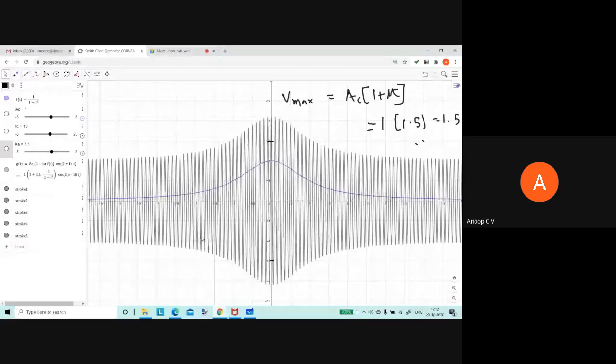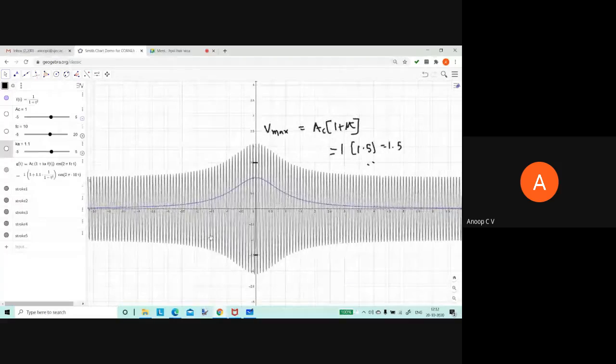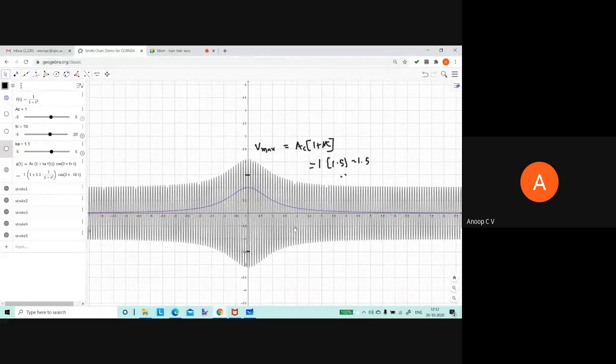So this is the signal for 100% modulation. So now this m of t is always positive. What you have to keep in mind is this m of t is always positive. It will become 0 at t equal to infinity.